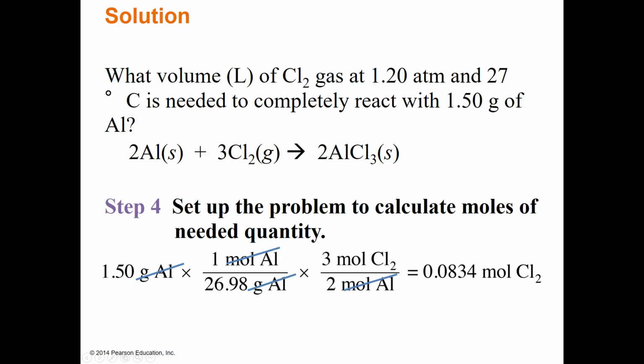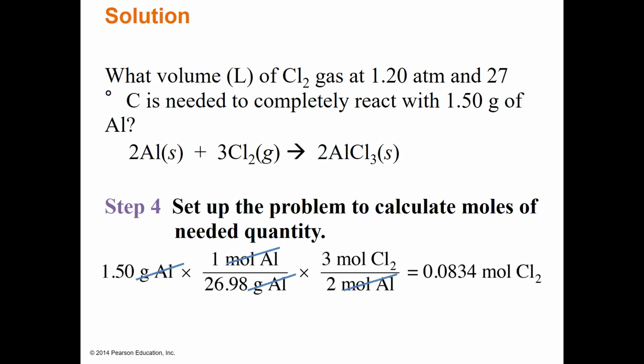We can put mass and moles in the same equation. We talked about that before. So 1.5 times 3 divided by 54. And this gives you 0.0833 moles of chlorine.